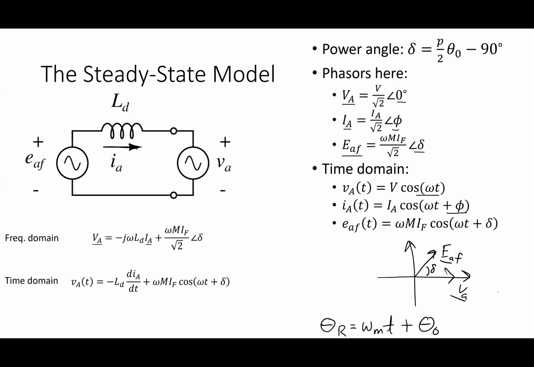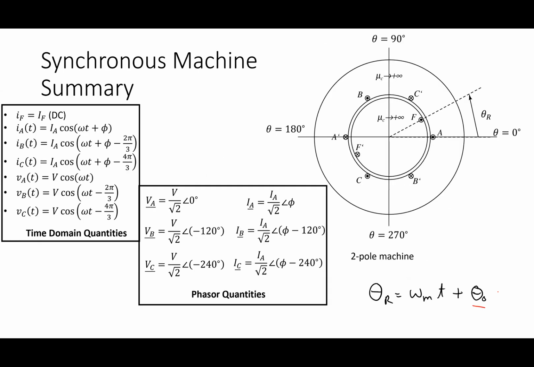So what that means is that the speed of the machine, for a short period of time, changes to push the field winding a little bit further ahead during its rotation. So the rotor moves forward a little bit or backward, depending on the situation. That's what's happening: they move in synchronism with each other. During a transient, it speeds up or it slows down, and it settles out at a new value of theta naught, which is related to that delta value.